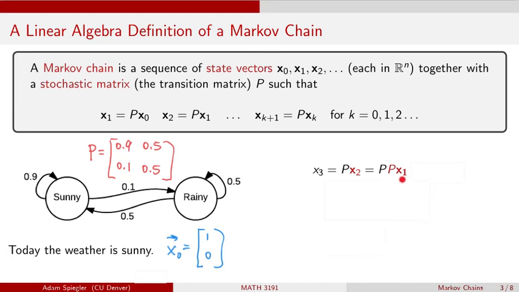And again, I don't know what x1 is, but I can find x1 by multiplying x0 by P. So if I want to make a prediction for the state of this system 3 time steps out, I'm going to multiply the initial state by the transition matrix 3 times. So it's going to be really convenient to find nice ways of exponentiating these matrices, which we have seen for matrices that can be diagonalized.